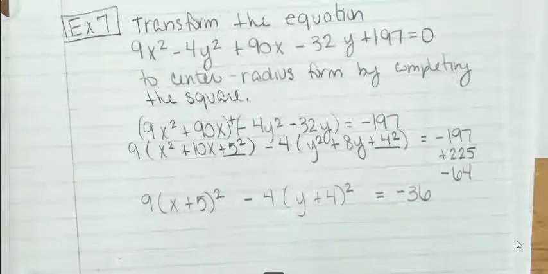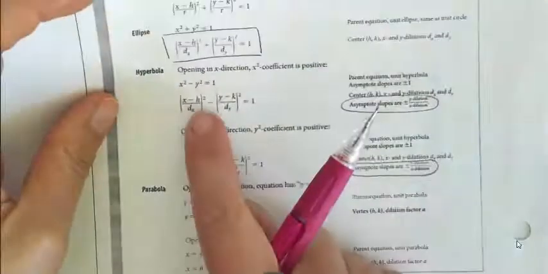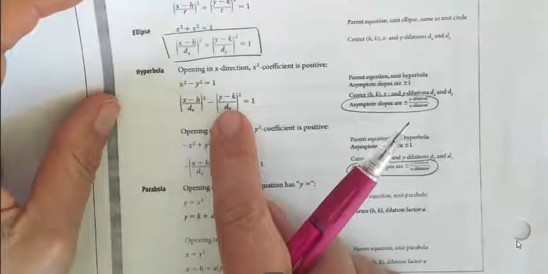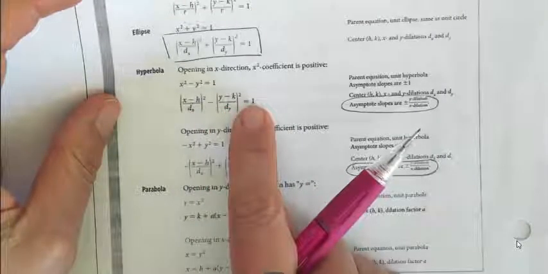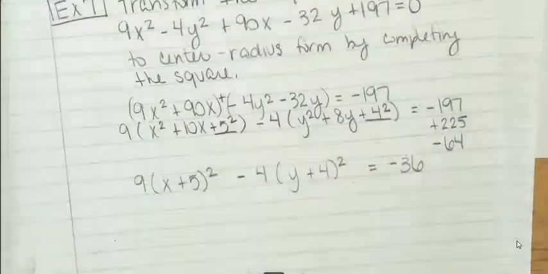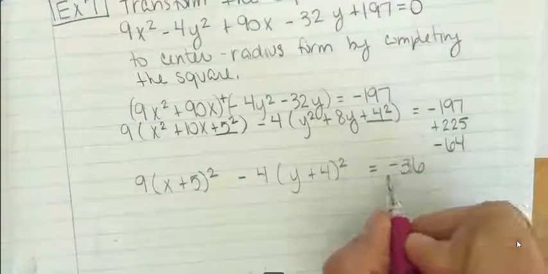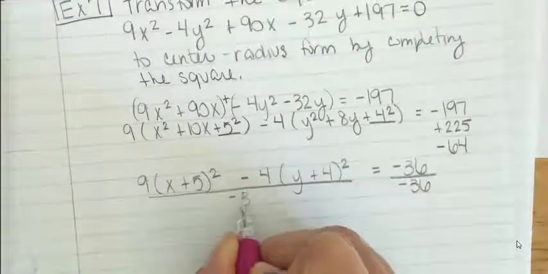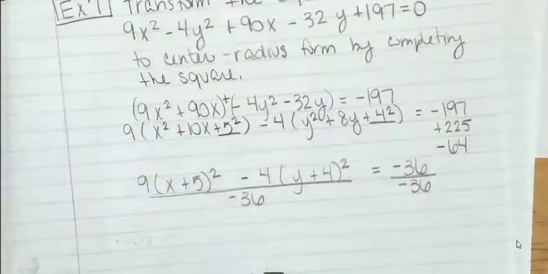Okay, I'm almost there, but not quite. I've got both of these now squared, but I don't have my dilation factors for x and y, and I also don't have this over here set equal to 1. So let's do that. I'm going to need to divide both sides by negative 36 in order to make that happen.